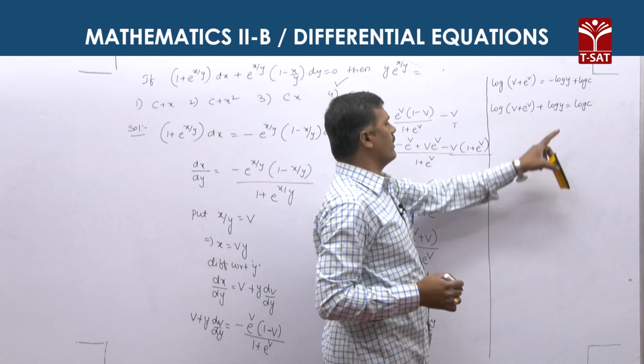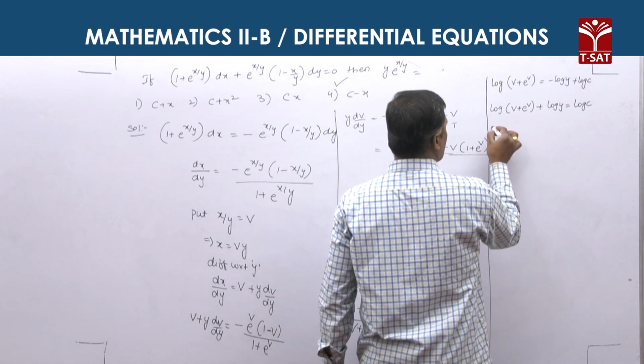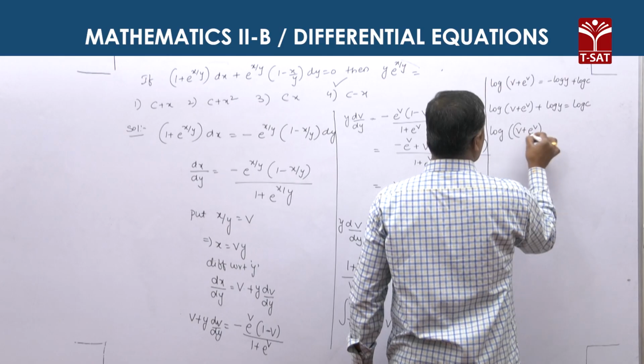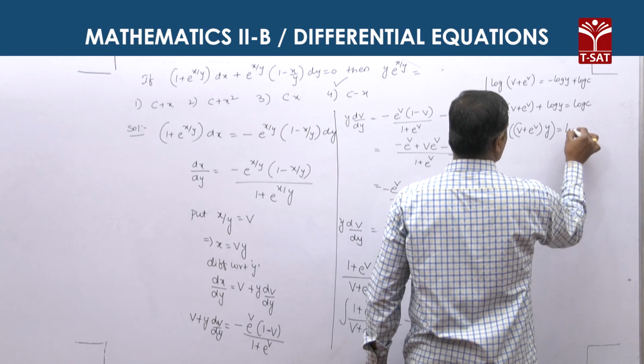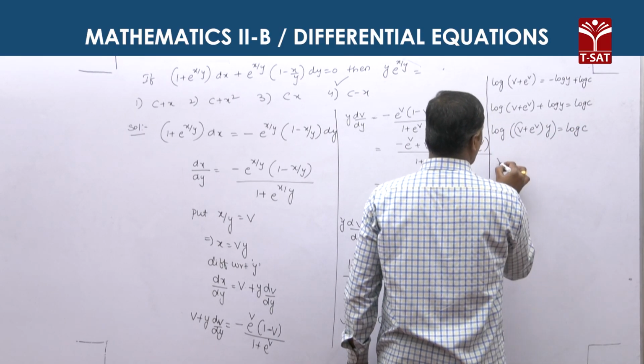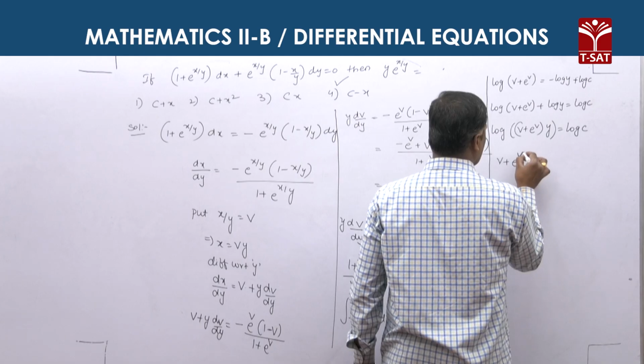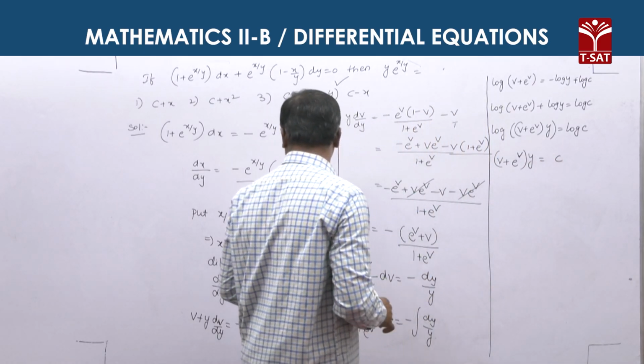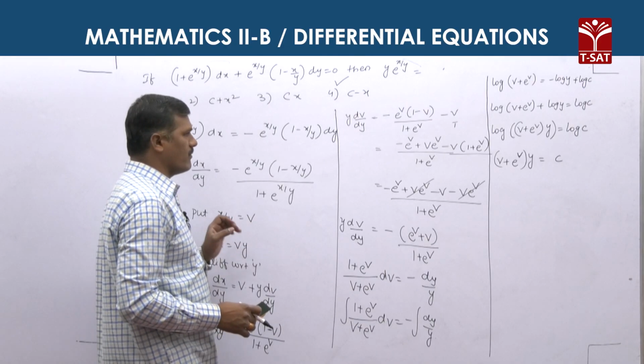Log a plus log b is log of a into b. So log of v plus e power v into y is equal to log c. So v plus e power v into y is equal to c. Substitute the v value here, v is equal to x by y.